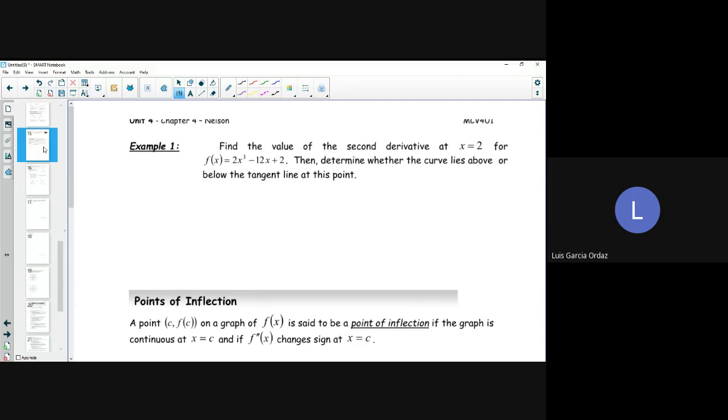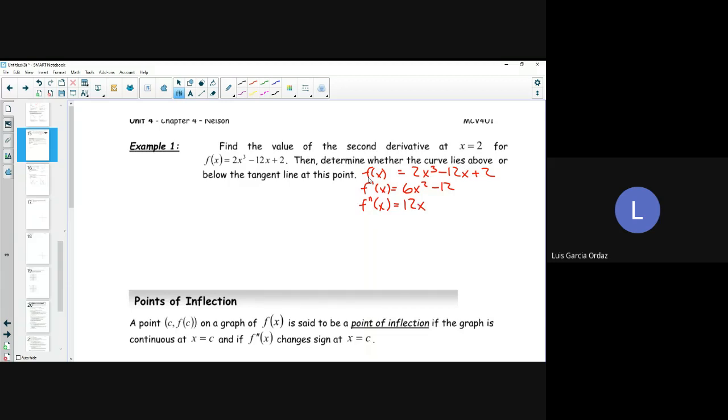So I have my regular function f of x is equal to 2x cubed minus 12x plus 2, and I know my derivative of f of x is 6x squared minus 12. And I also know that my second derivative is 12x by itself.